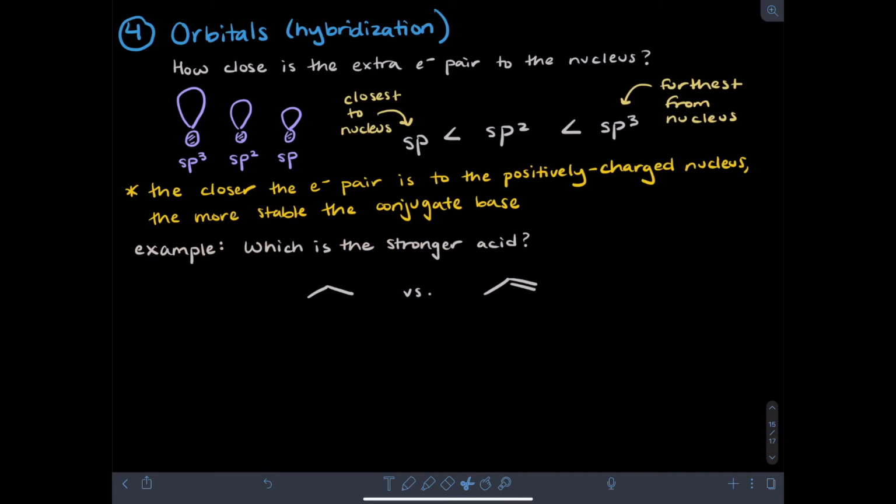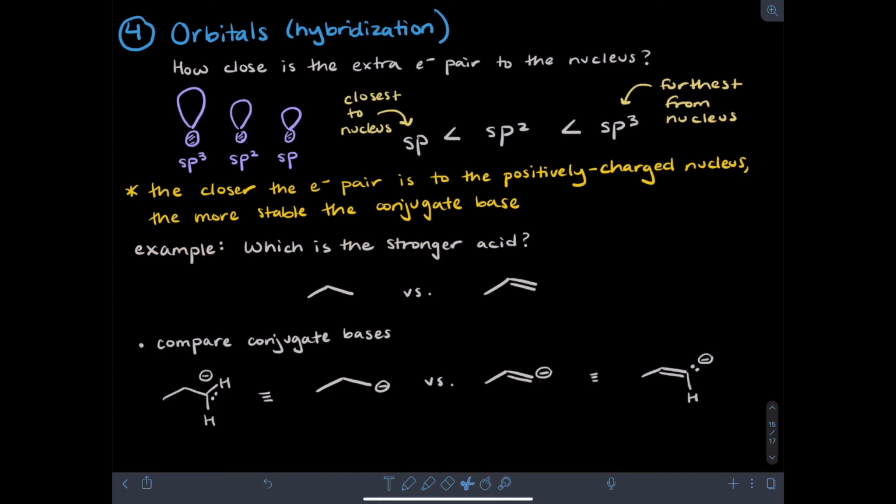So let's compare in terms of acidity, this molecule on the left compared to the one on the right. And what we're going to look at is what do our conjugate bases look like? In each case, we're going to lose a proton to form a carbon with a negative charge.